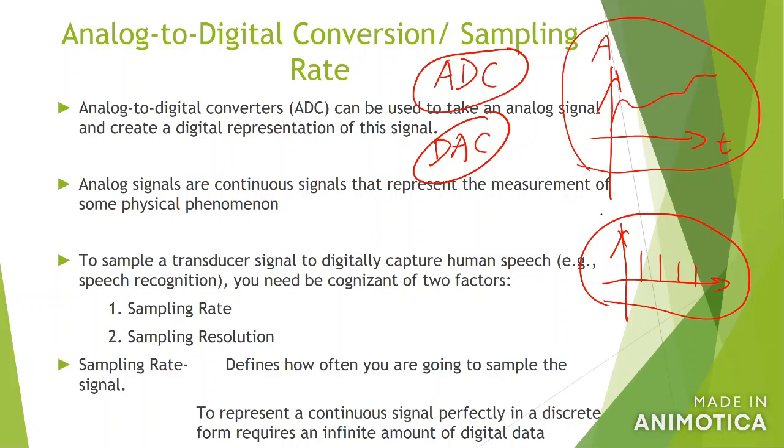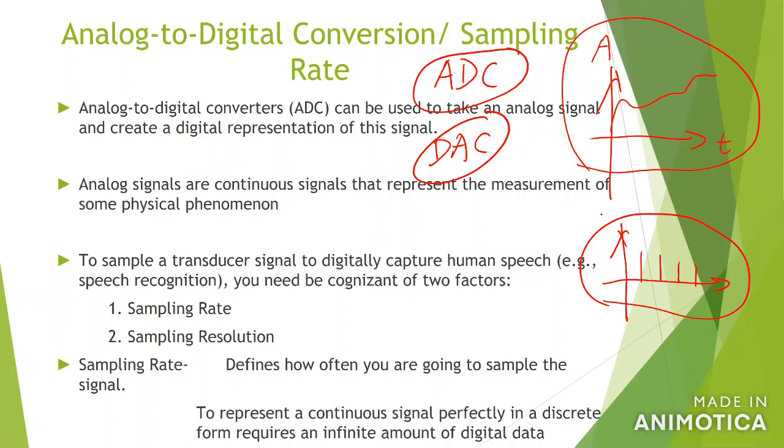Once your processor processes the data, you have to output the data back to analog devices, right? For example, if you want to play your music, your speaker is a kind of analog device. That means it needs analog signals. But the music recorded on the CD is digital signals.